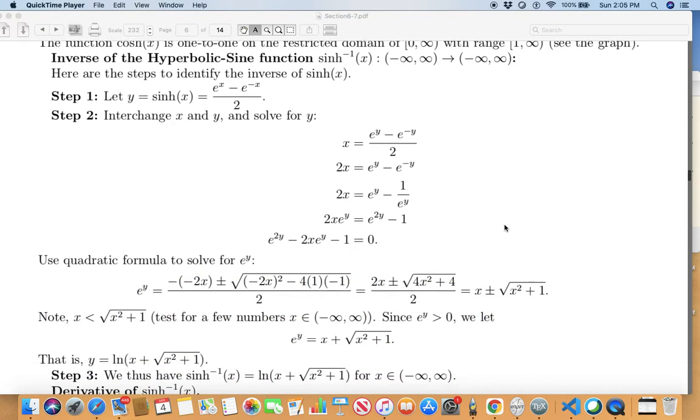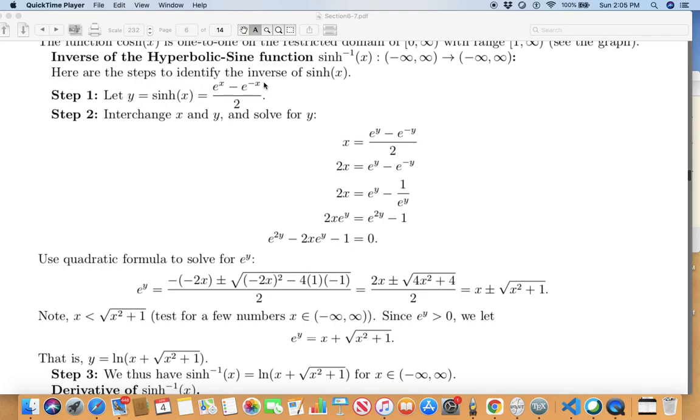Okay, now we want to identify the inverse of sine hyperbolic. Step 1, set y equals sine hyperbolic, that is y is e raised to x minus e raised to negative x, divided by 2. Now step 2, interchange x and y and then solve for y.